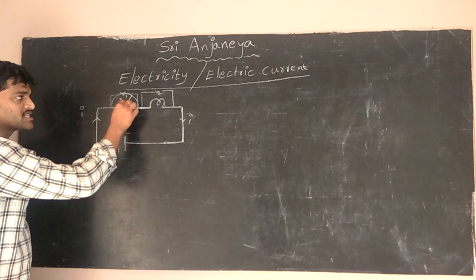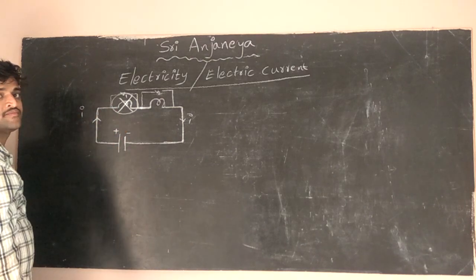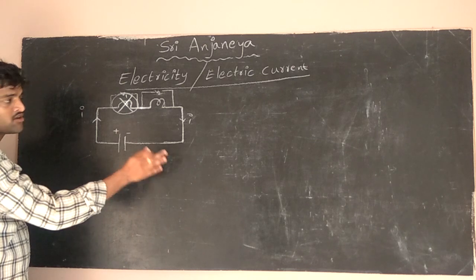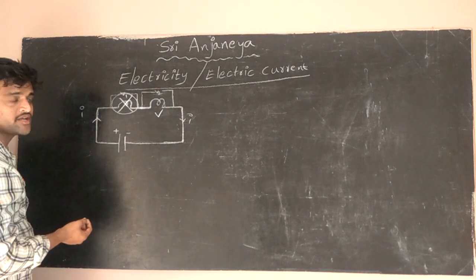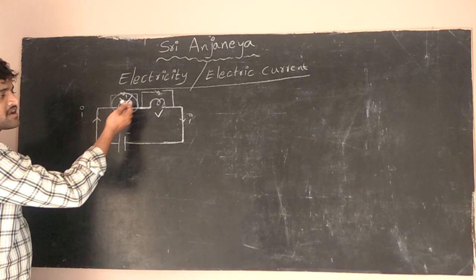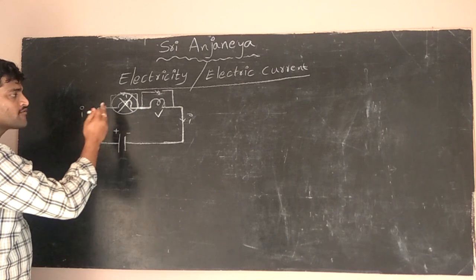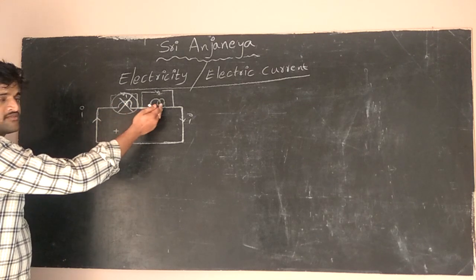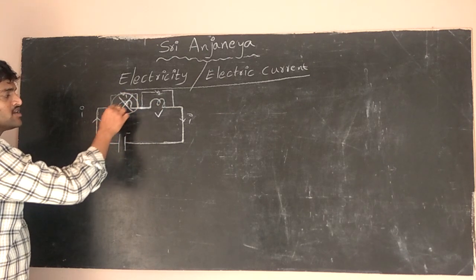Because the total circuit is broken here because of this bulb. So the total circuit is broken, and the other bulb does not glow. This bulb is perfect, but it does not glow. Why? Because it can't get any current from this bulb. Only after the current enters from here to here will this bulb glow. The current is not traveling through this bulb.